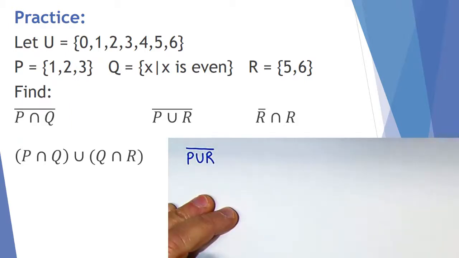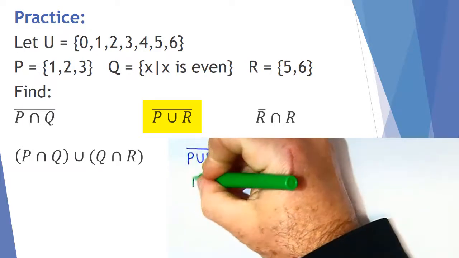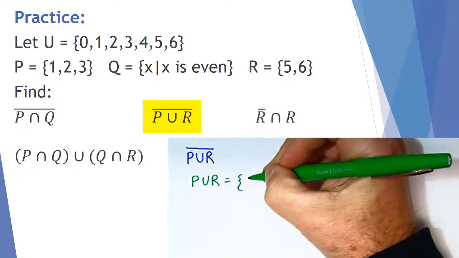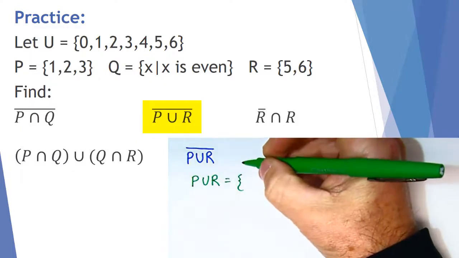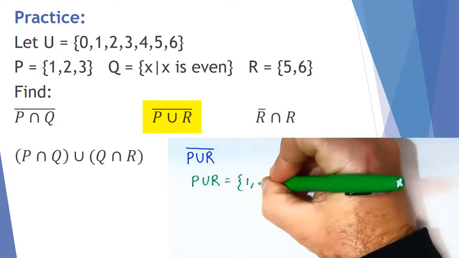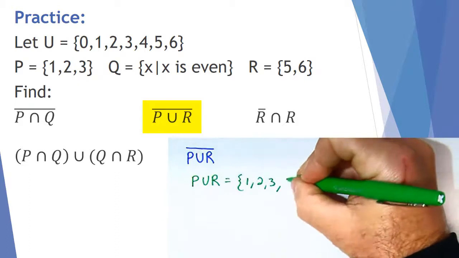Our next one, the complement of P union R. Well, let's start by figuring out who the elements in P union R are. So P union R will consist of all the elements that are in either P or R. So the elements in P are 1, 2, and 3, and the elements in R are 5 and 6.